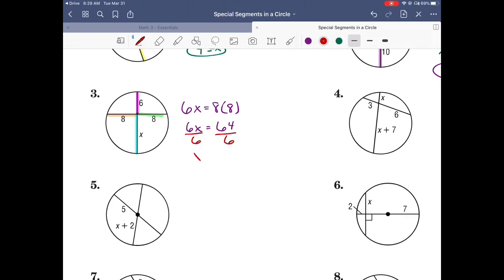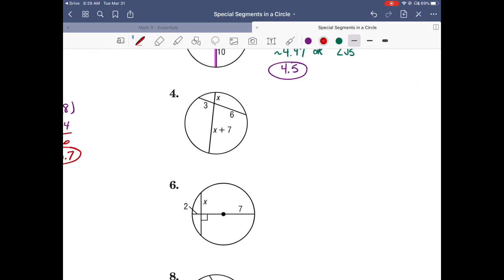So x equals, and then we'll plug in our calculator, 64 divided by 6, which is 10.7, rounded to the nearest tenth. It does not matter which chord you set first. We could have done 8 times 8 equals 6x. Either way, just pick one of the chords and multiply the pieces together.